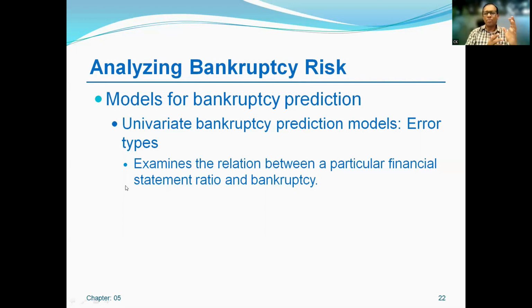The issue here is that the lenders or the stakeholders need to know in advance the probability or the fact that the organization may go bankrupt in future or not. They don't need to know the company is going bankrupt when everything is clear.